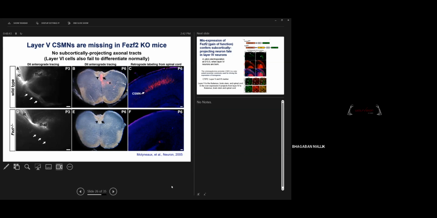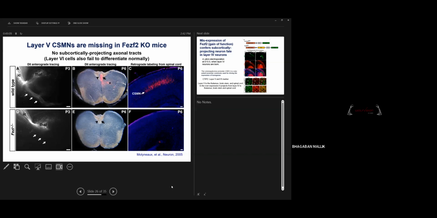But here I want to show that some of the neurons are also missing when you have the mutation of FEZF2. So this is a wild type mouse. This is the thalamus, and these are the neurons. You can see that in the wild type you have this, and this is done by anterograde labeling with the DiI dye, or we have some data for the retrograde labeling also in the spinal cord.